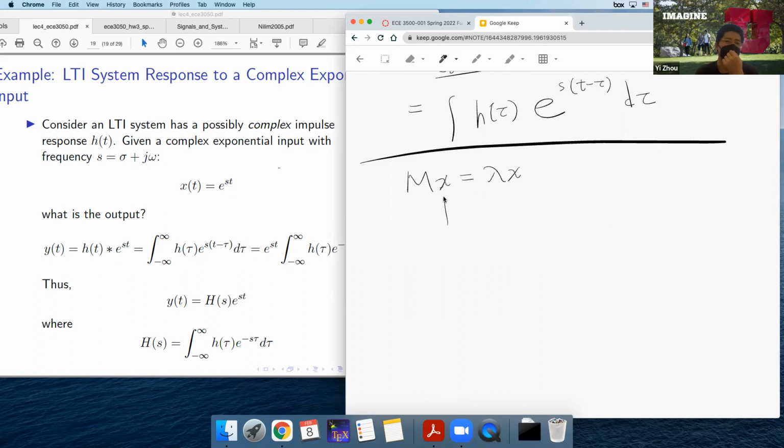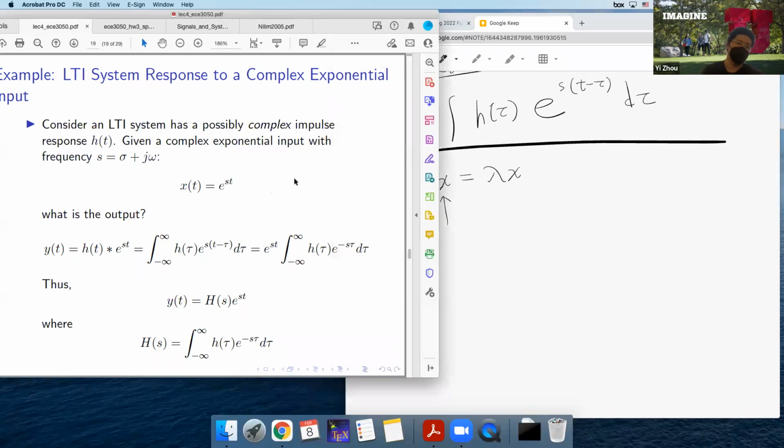I can view x as the input to this linear system, and after passing through the system, the output mx is a scaled version of the input. If this condition is satisfied, then we say that x is an eigenvector associated with this matrix, and lambda is the eigenvalue.